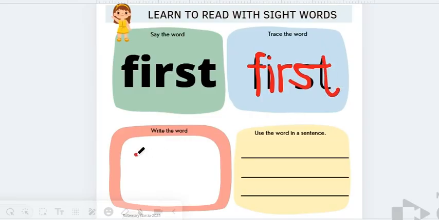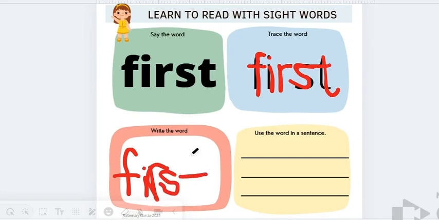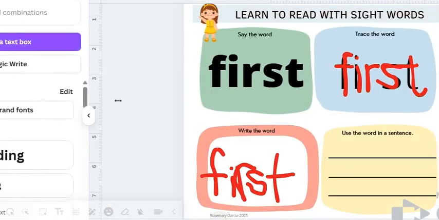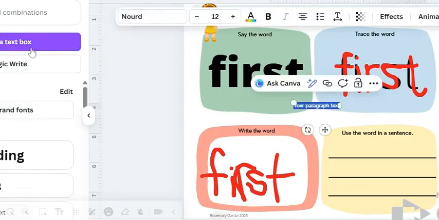Now we are going to write that word. Write this word with me. F, I, R, S, T. First. Now we are going to use this word in a sentence.